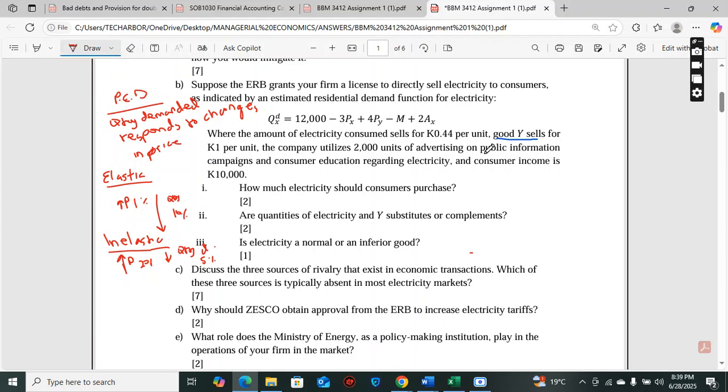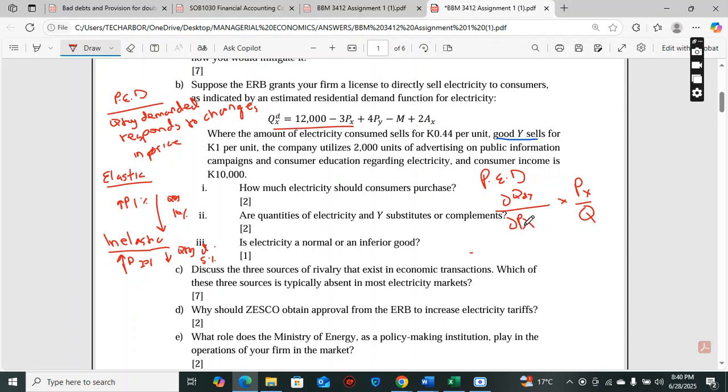Price elasticity of demand, PED, is the partial derivative of the demand function, QDX, with respect to px, multiplied by the price of good X over the quantity.